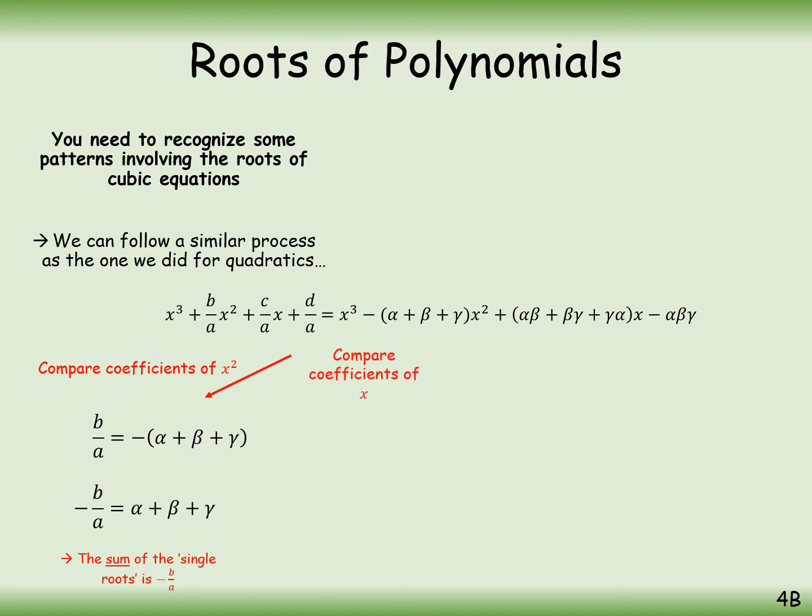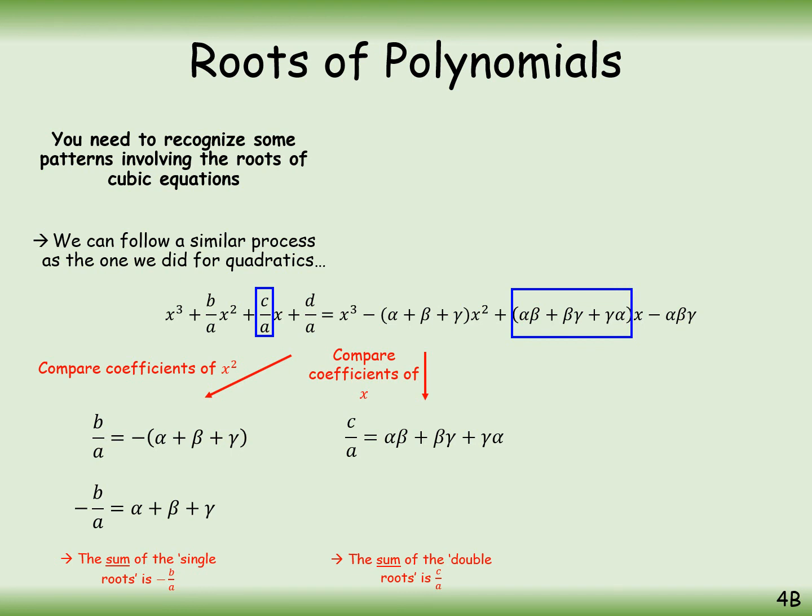Now if we compare the coefficient of x, we'll see c over a equal to alpha beta plus beta gamma plus alpha gamma. So the sum of the doubled roots is c over a.